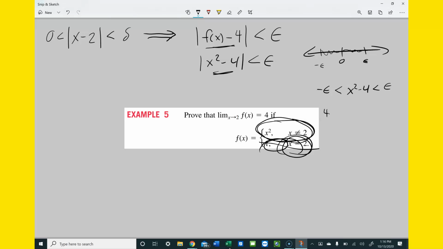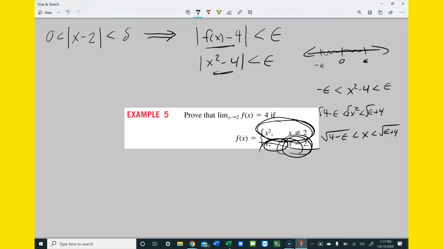That gives me 4 minus epsilon is less than x squared, which is less than epsilon plus 4. And then I take the square root of all the sections. That gives me the square root of 4 minus epsilon is less than x is less than the square root of epsilon plus 4.